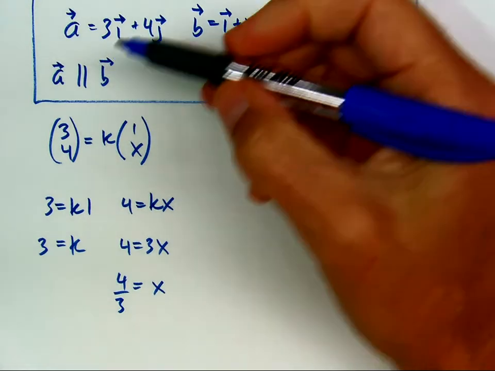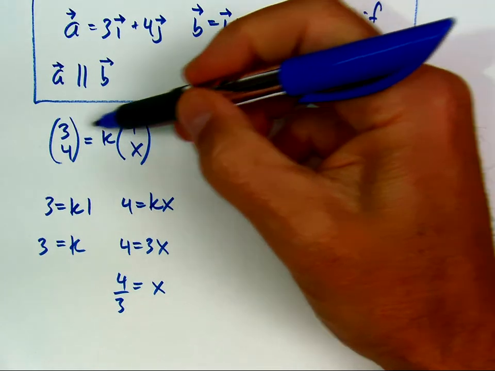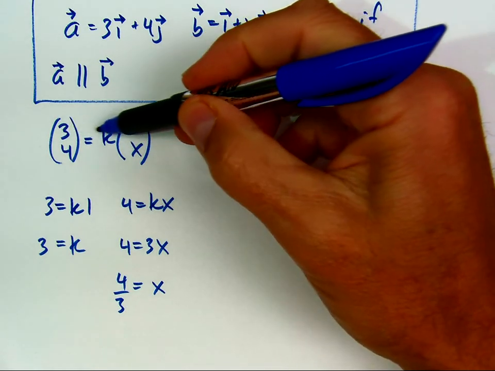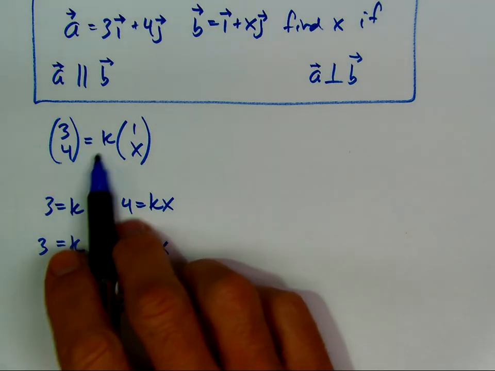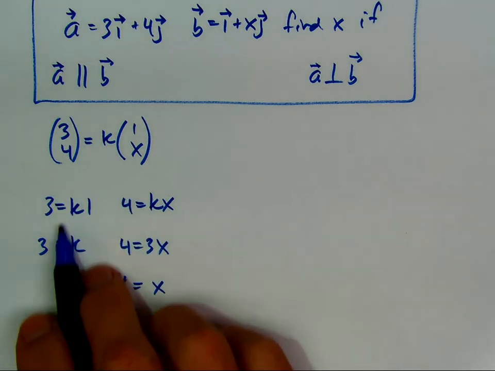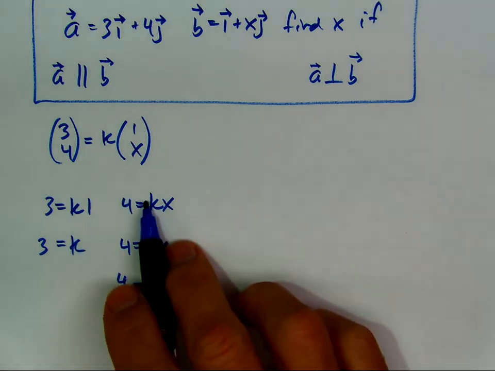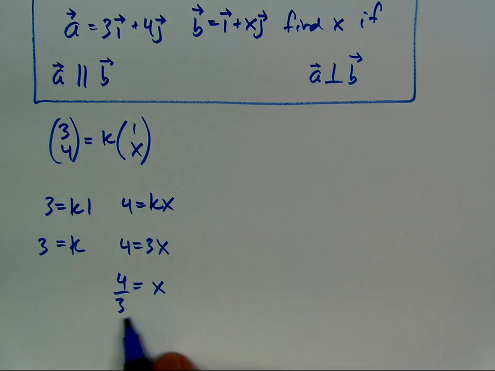We looked at the horizontal component, 3 has to be equal to k times 1, and also 4 has to be equal to k times x. So we have the horizontal component equation and the vertical component. We've solved for x.